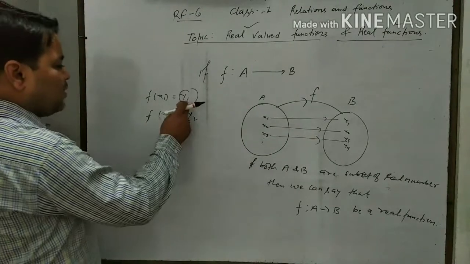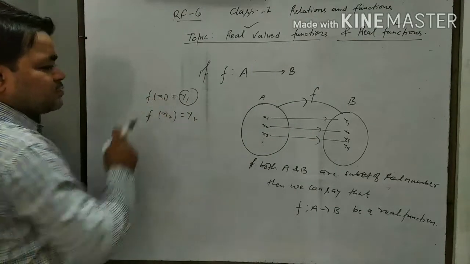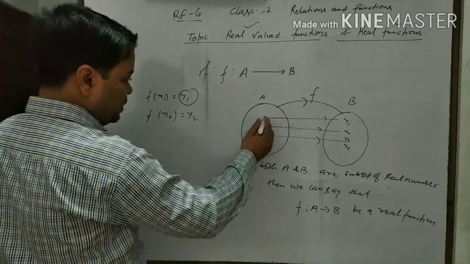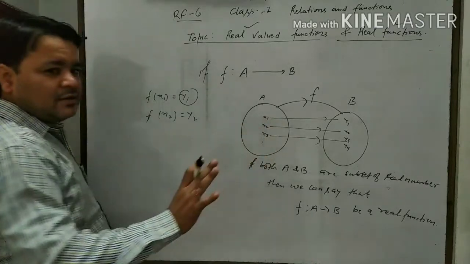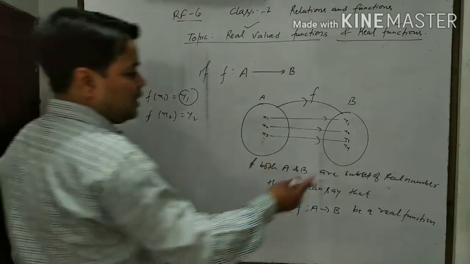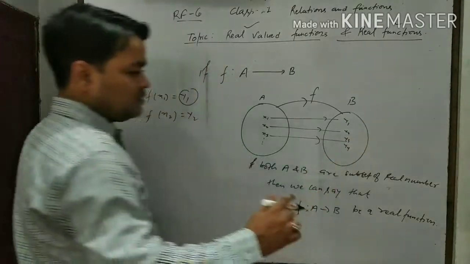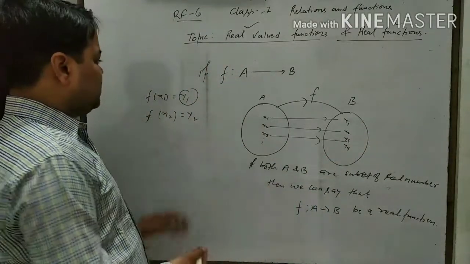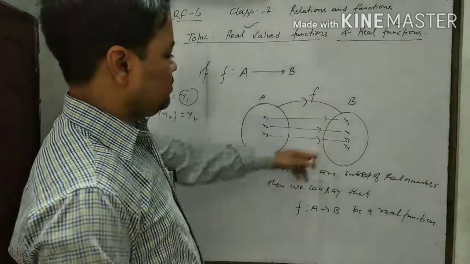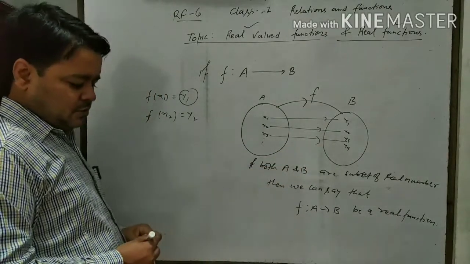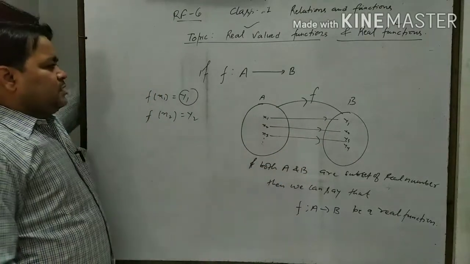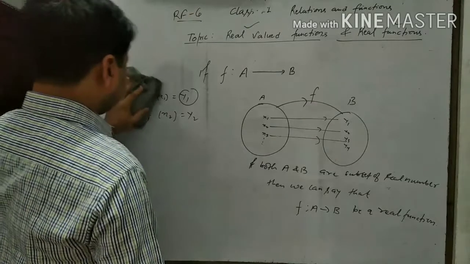Here y1 we can write as f of x1. So if x1, x2, x3 are real numbers and y1, y2, y3 are also real numbers, then we can say this function will be a real function. It will be better to understand with an example.